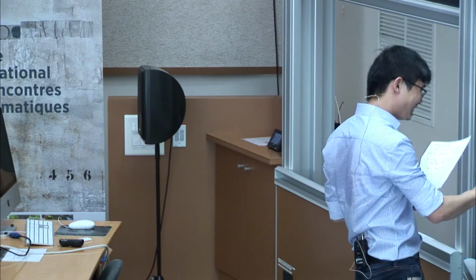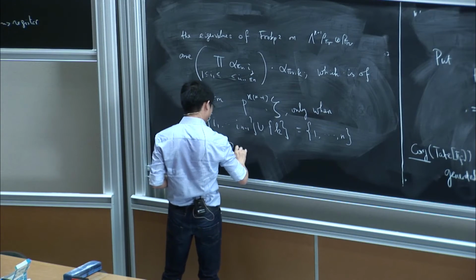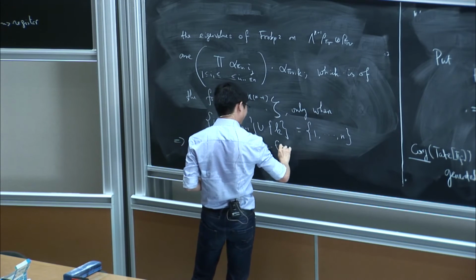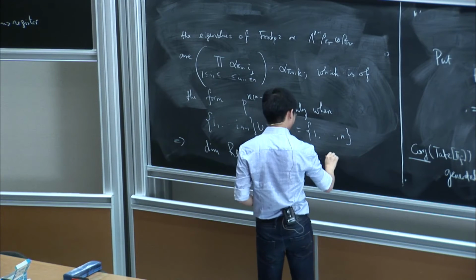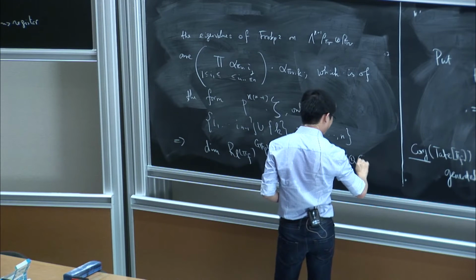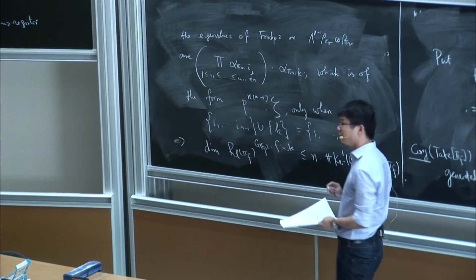Okay. So anyway, the dimension of the finite part is less than n times this cardinality of the Hasse principle times this automorphic multiplicity, right?